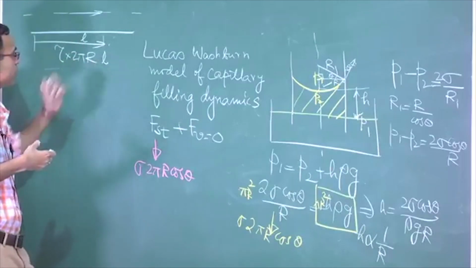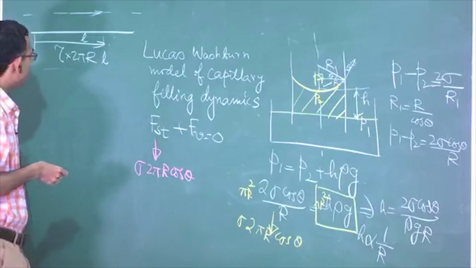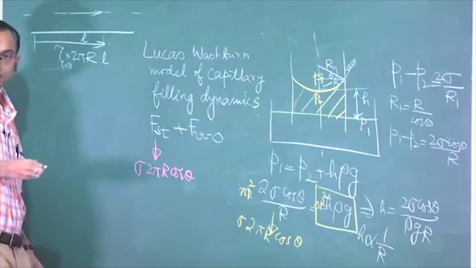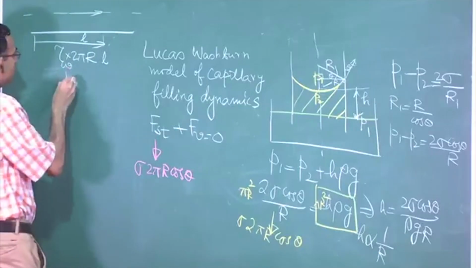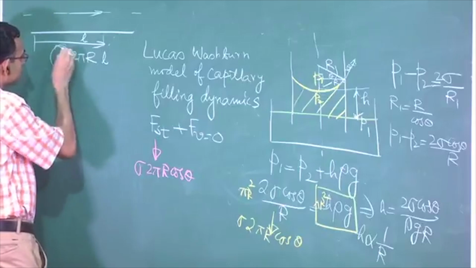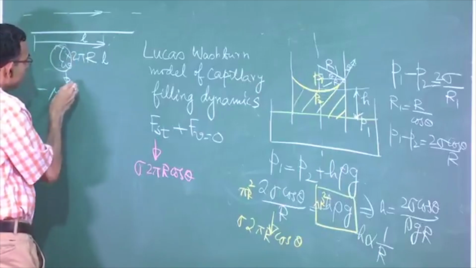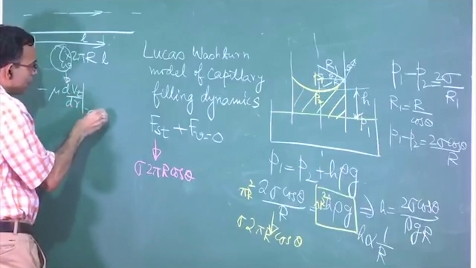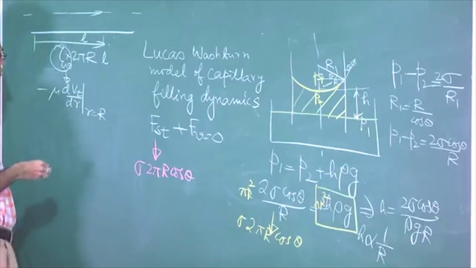So, this is the total shear force. So, tau, this is tau where? Tau at the wall. So, tau at the wall is what? Minus mu dVz dr at small r equal to capital R, which is the wall.